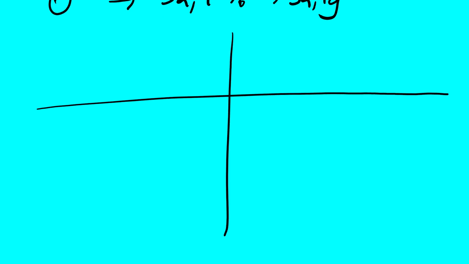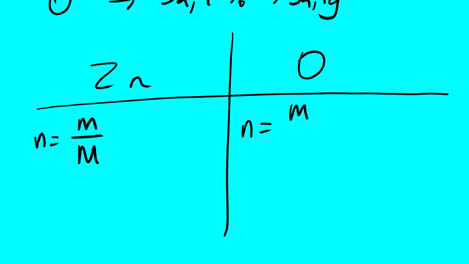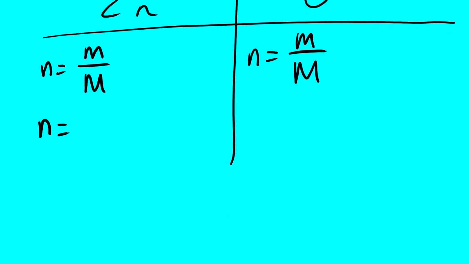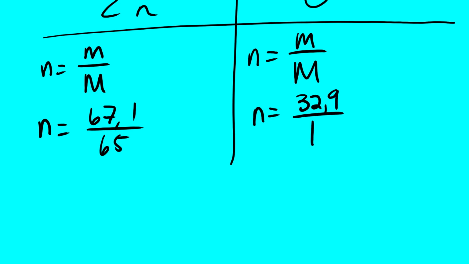Then from here we can calculate: number of moles is equal to m over M. Number of moles is equal to 67.1 divided by zinc, which is 65. Number of moles is equal to 32.9 divided by 16.